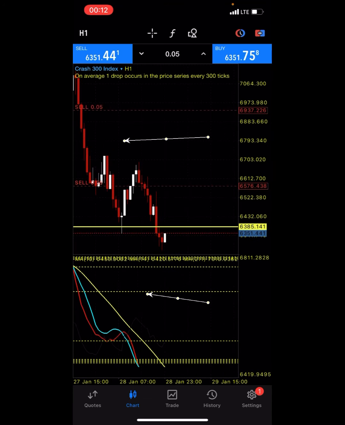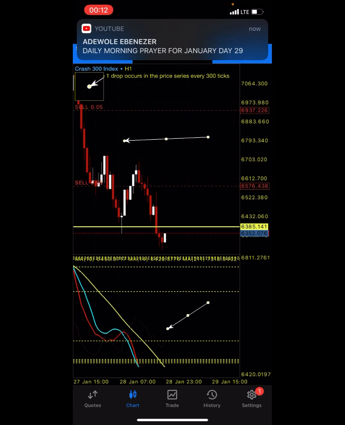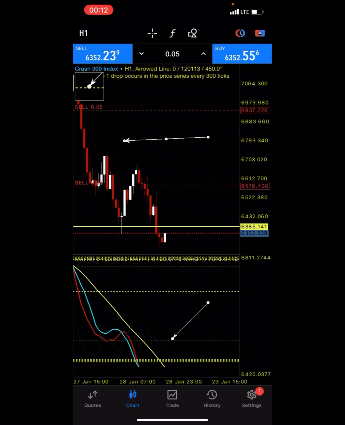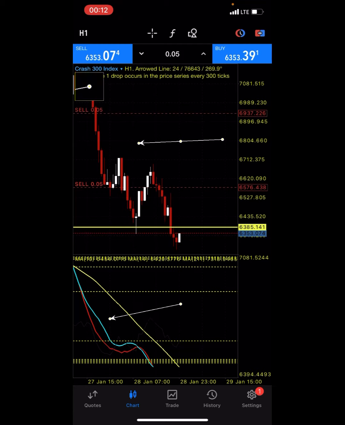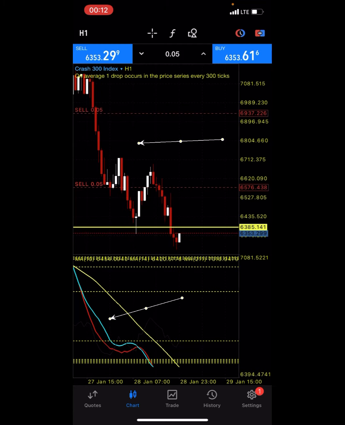If the other moving averages were sloping down, and then you found out that the yellow moving average is sloping up, it means that the bears who are actually in the market are losing power gradually. The bulls are actually coming in gradually. All right, that's for you to know what's actually happening.